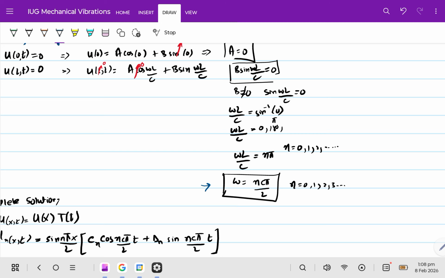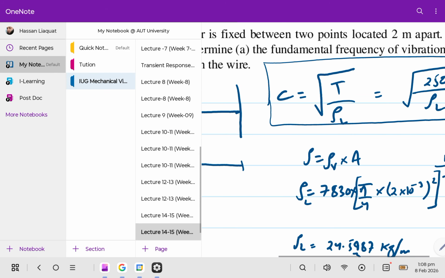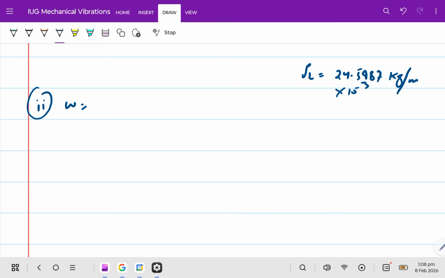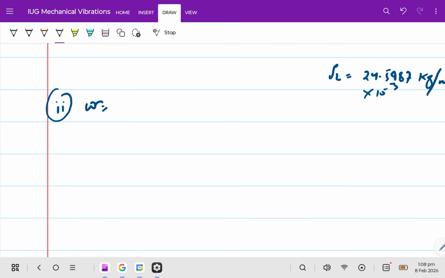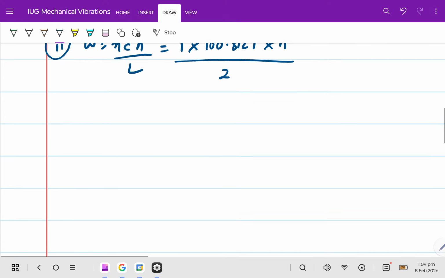Since we are interested in the fundamental frequency, that is the first natural frequency, n will be equals to 1. So we can write omega is equals to n c pi divided by L. So n is equals to 1 into c, that is 100.8124, which we have just calculated, into pi divided by 2, that is the length of the wire.